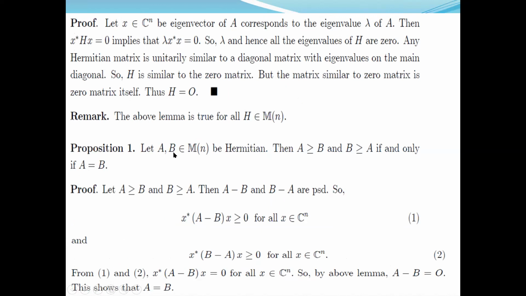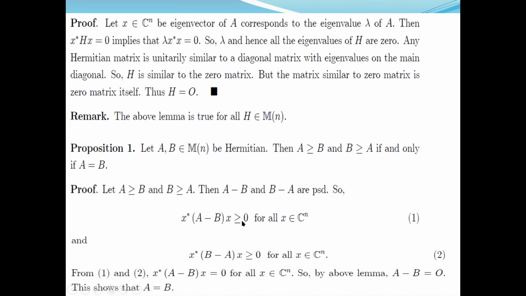Now this theorem: let A, B belonging to Mn be Hermitian, then A greater than or equal to B and B greater than or equal to A if and only if A is equal to B. If A is equal to B, then we can write these two. Now the converse part. Suppose A greater than or equal to B and B greater than or equal to A. Then by definition, A minus B and B minus A are positive semi-definite.